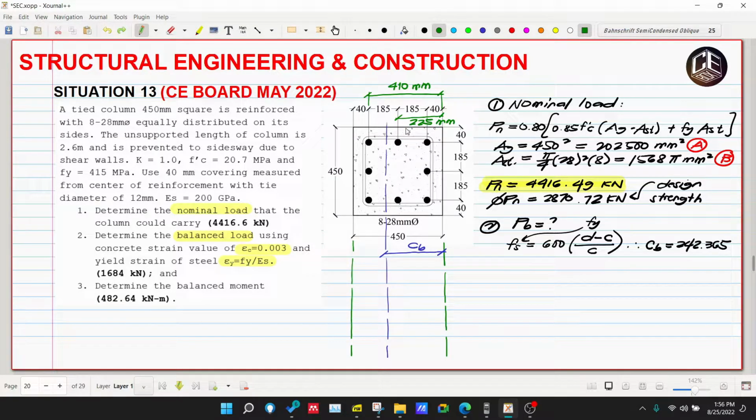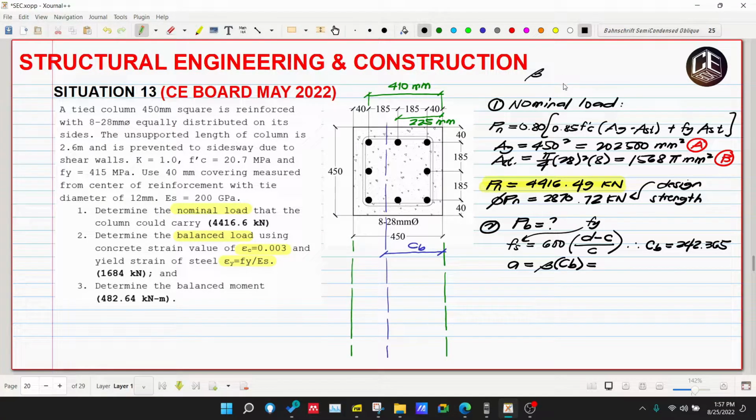Sorry. Kasi kailangan pa pala natin i-solve yung compression block. Yan. So solve natin yung compression block para malaman natin kung nasaan to. Okay? So compression block natin is equivalent to beta multiplied by CB. Since ang ating F'C is 20.7, therefore less than tayo sa 30 megapascal or 28 megapascal, paki-double check na lang sa code.